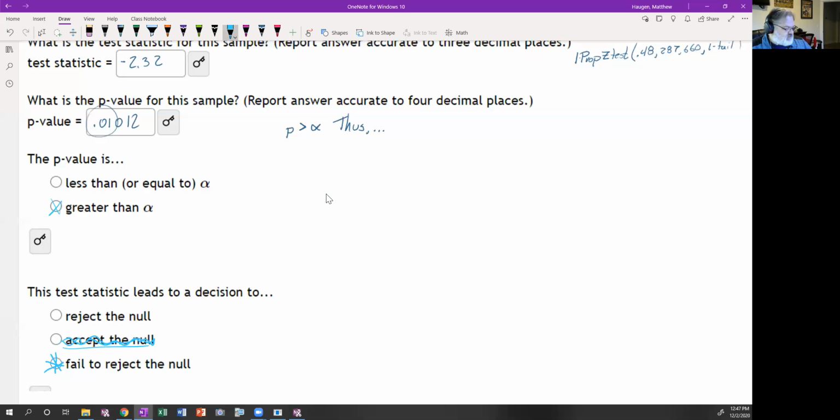So, your book talks a little bit, we don't go too big into it here, but it talks about type 1 and type 2 errors. And if you go more into hypothesis testing, we'll talk a lot more about that. That's kind of the whole question: do we want to err on the side of rejecting the null, or do we want to err on the side of accepting the null?